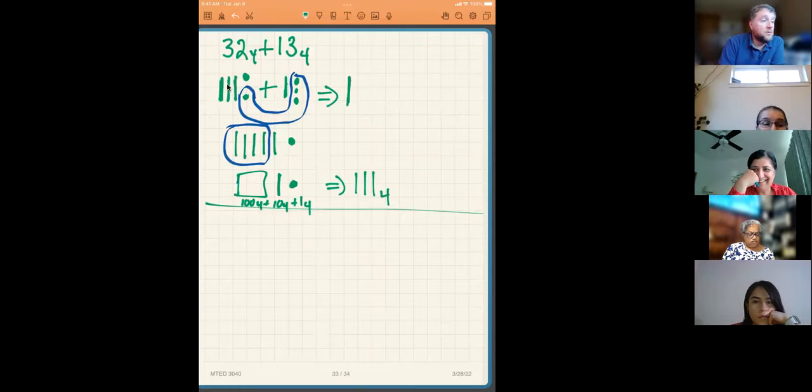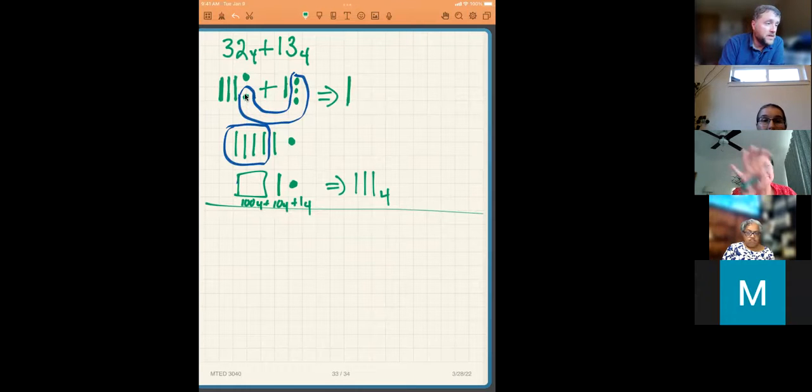Okay, so were you good up until the fact that we took those 4 dots and we turned them into a stick? So we have 1, 2, 3, I'm going to use base 10 language, 1, 2, 3, 4, 5 sticks, right? So we have 5 sticks and then we have 1 dot left over. We can take 4 of those sticks and do a unit exchange, right?